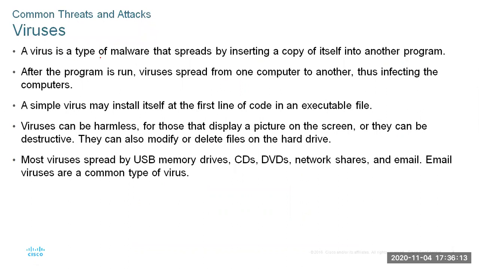Now, a virus is a type of malware that spreads by inserting a copy of itself into another program. It got its name from the human virus, especially the mode at which it spreads. The virus spreads itself by inserting itself into another program. After the program is run, the virus spreads from one computer to another, thus infecting other programs.